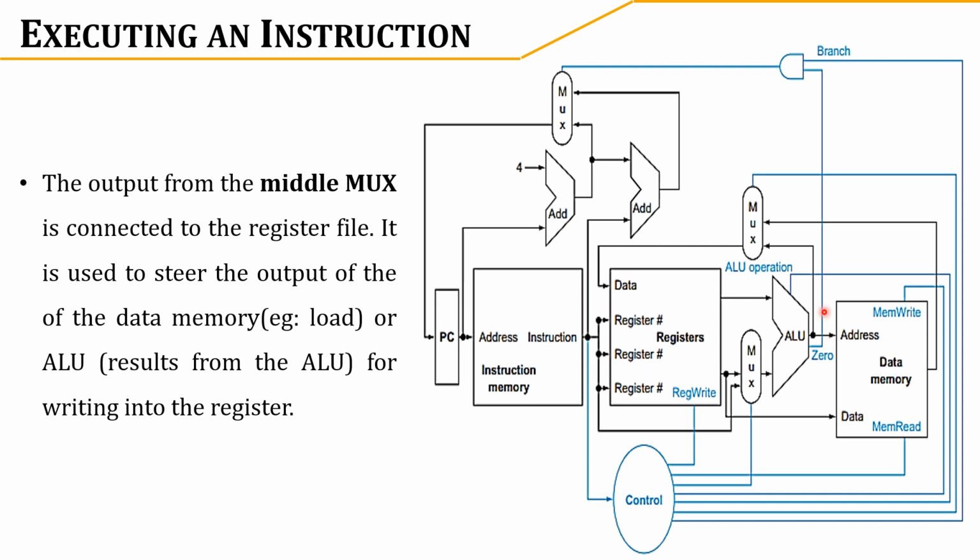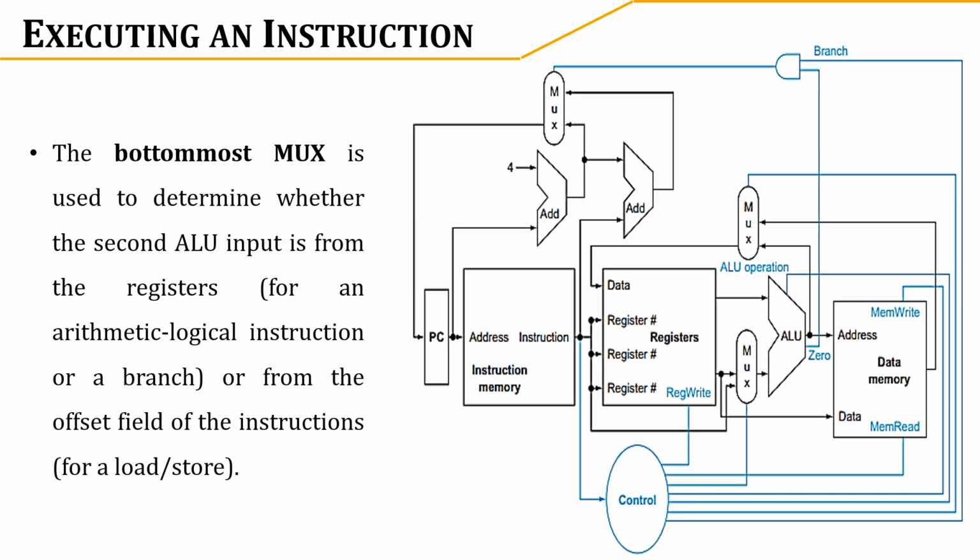Either one of these should happen, so we are making use of a multiplexer. This multiplexer steers the output of the data memory or the ALU unit for writing into registers. That's the purpose of the middle multiplexer.